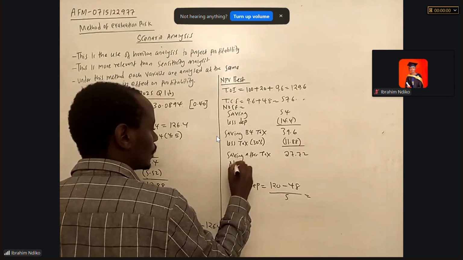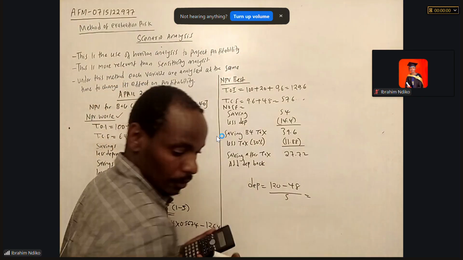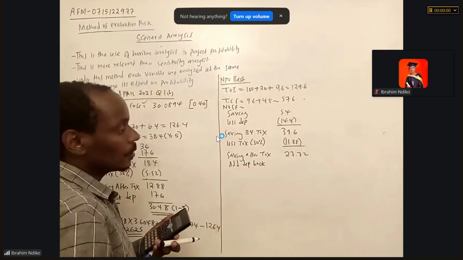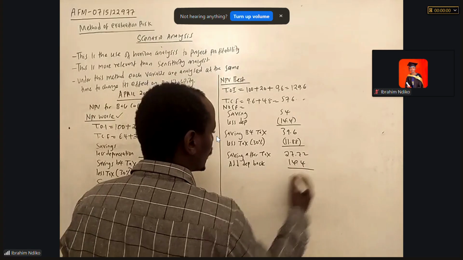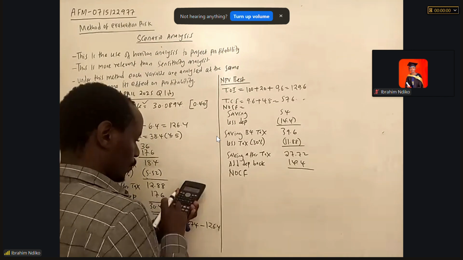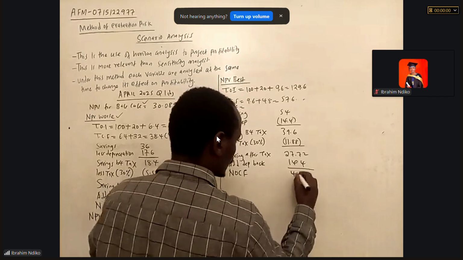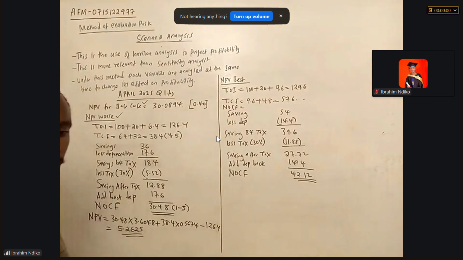Then we add depreciation back. Itakuja ngapi? Depreciation back. So plus 14.4. Shade hapo liko sawa.